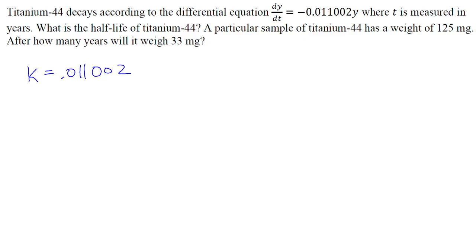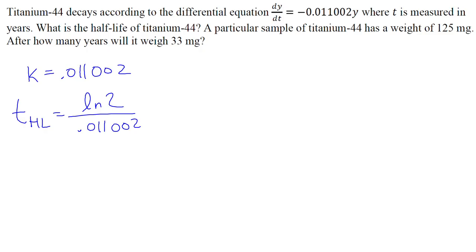And our half-life is always equal to the natural log of 2 over that k value. When we plug this into our formula y equals y naught e to the negative kt, of course, we'll put in a negative 0.011002 because it's negative kt in that formula.